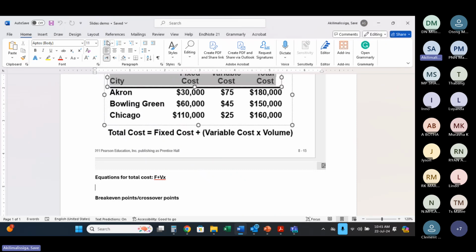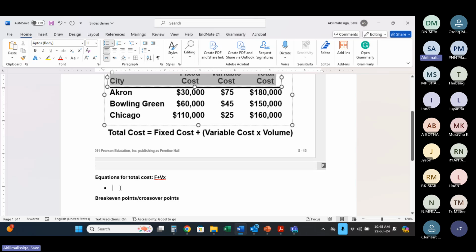Here we are going to have the equation for Akron according to the total cost formula, or function. You're going to have the fixed cost, because it's here already, plus the variable cost.